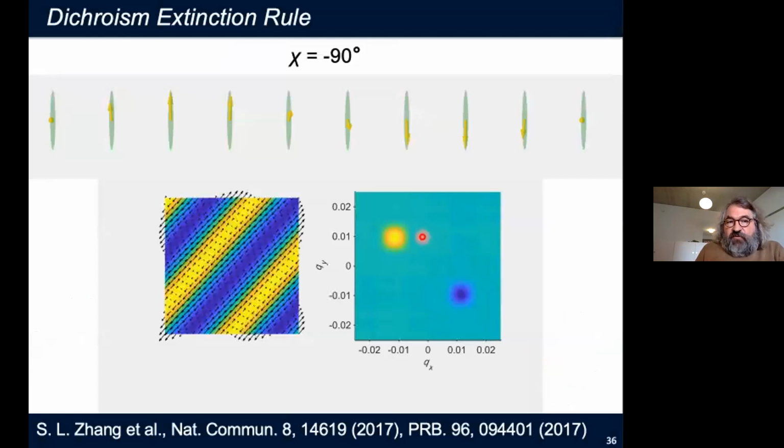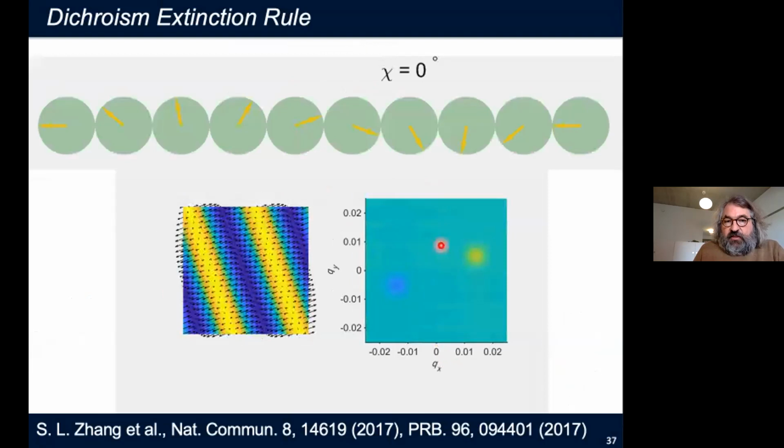So if we have a helix with a chi of minus 90 degrees, what you will see is a dividing line between positive and negative contrast that looks like this. If it would be plus 90 degrees, the colors would be inverted, and blue would be on the left and yellow would be on the right. Okay, and this is an example for chi equals 0 degrees. That would be a horizontal line.